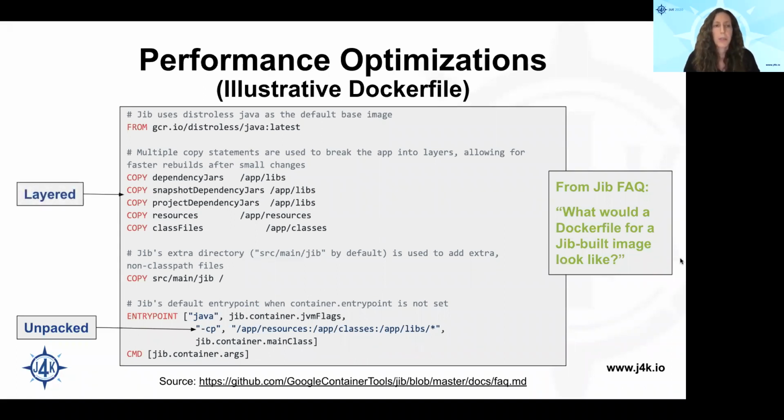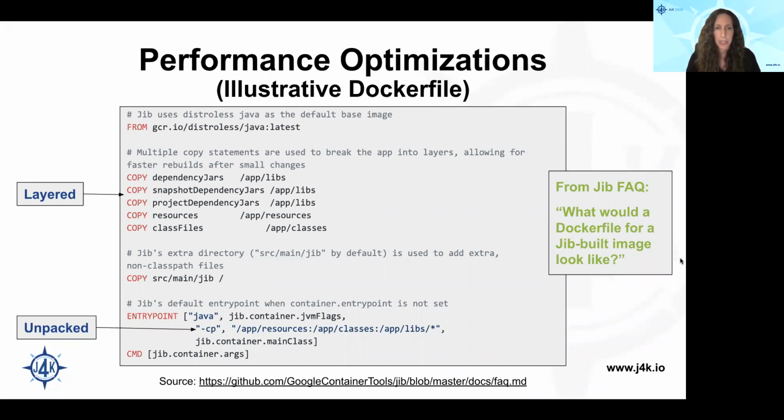It also, as you can see here, copies the files that comprise the Java application into the image in layers. Every copy statement creates a new layer in the image, and it does it in order so that the files that are least likely to change are copied first. So the dependency jars, your Spring Boot jars for example, all the way up to your class files, which is the code that you're writing.